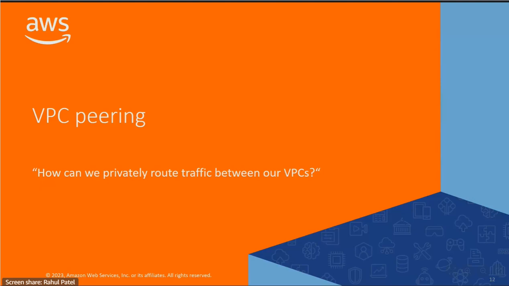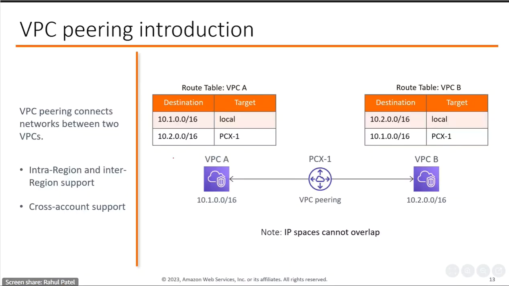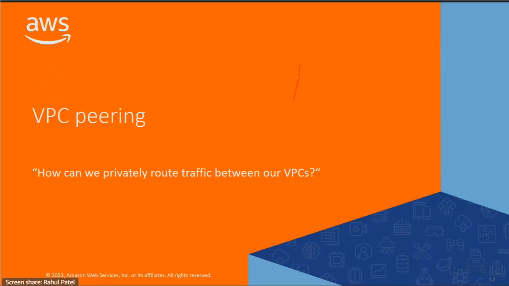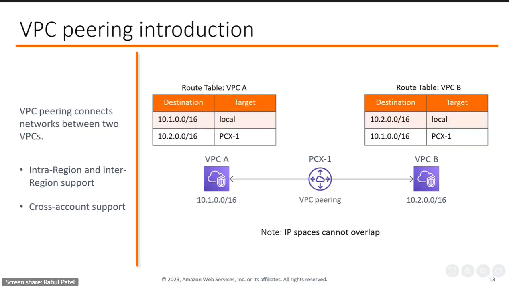But now here we have another scenario. We have multiple VPCs. Let's understand it this way: here we have two VPCs, and in these two VPCs we have EC2 instances, in A and B. This is VPC A, this is VPC B. Now these two EC2 instances want to communicate with each other.